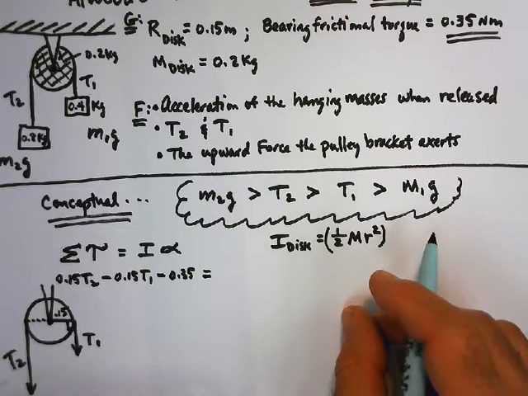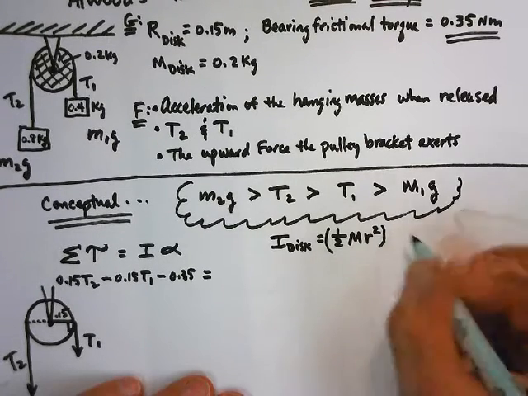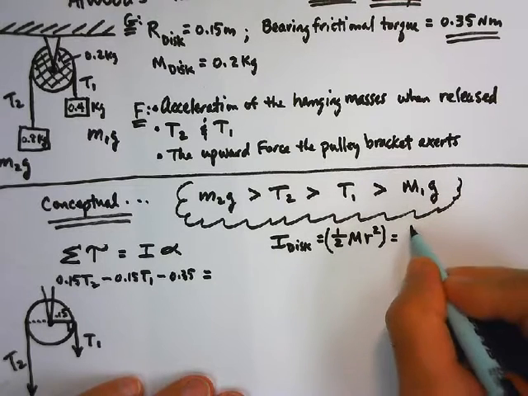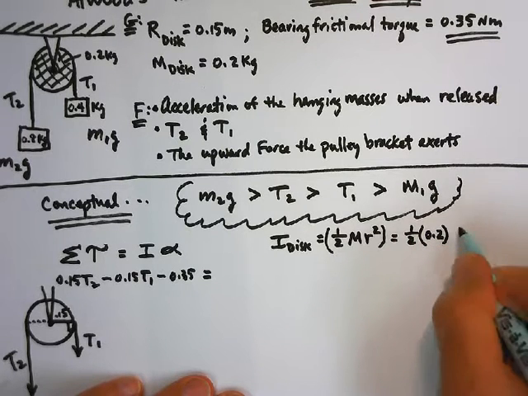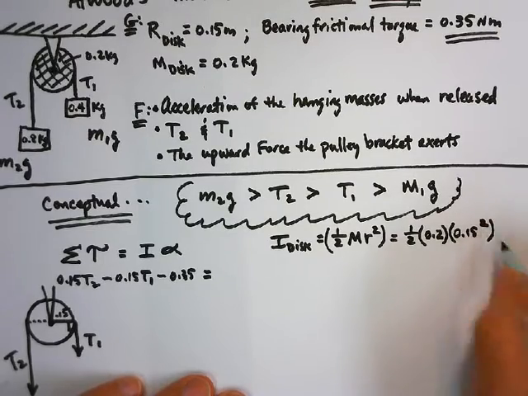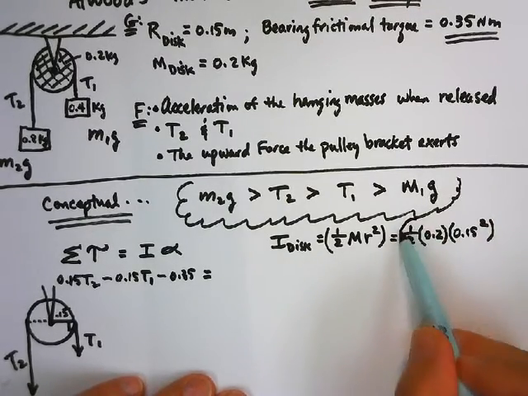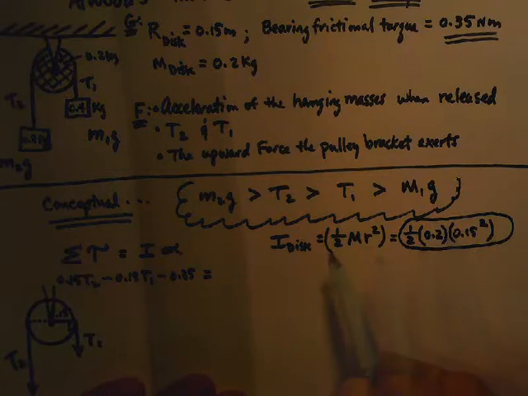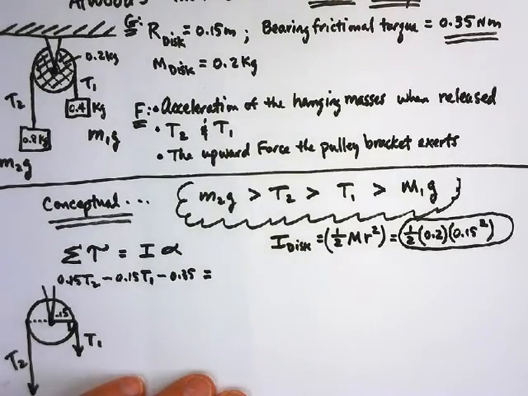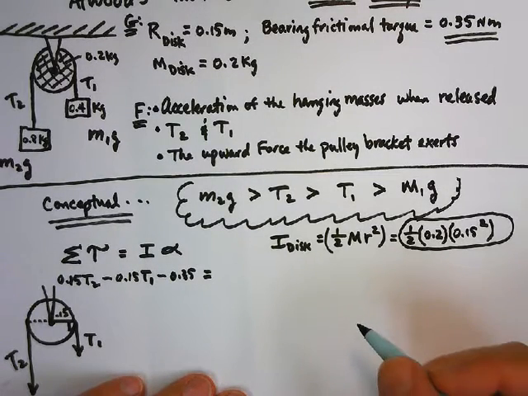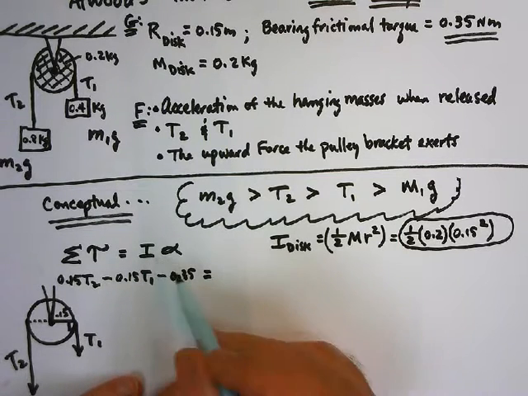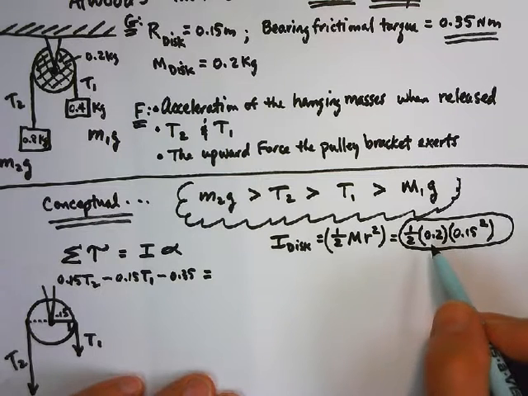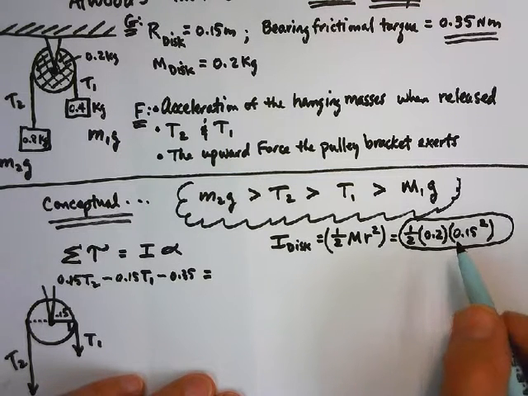So we have 1/2, and the mass is 0.2 kilograms, and the radius is 0.15, and that is squared. Okay, so this is what we want to put in for the moment of inertia. Excuse me, the lights went off again. The moment of inertia for that disk, and I can substitute that right in here for I. Okay, so now we can simplify it a little bit.